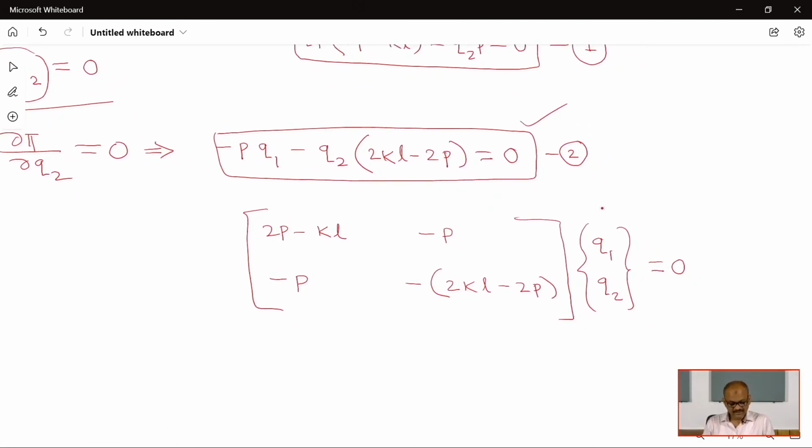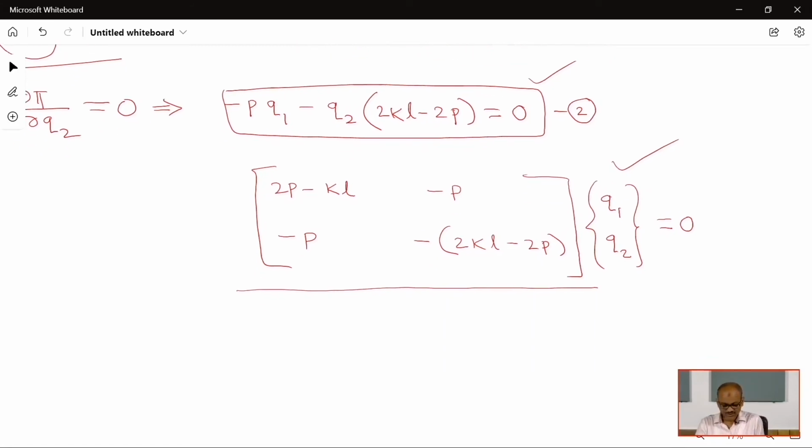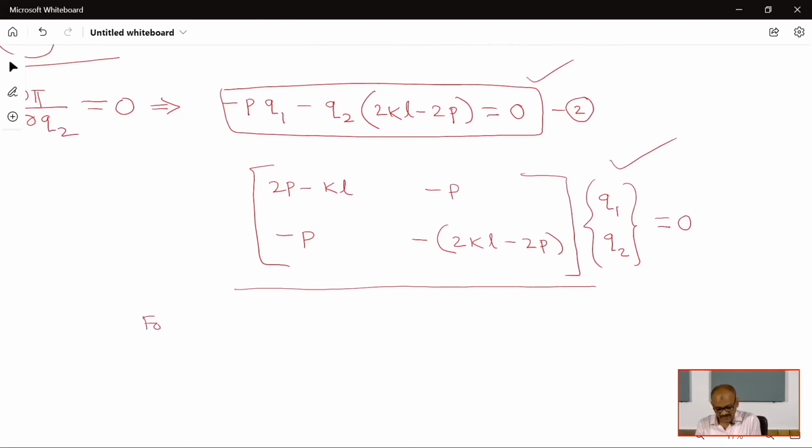This is an eigenvalue problem. If Q1 and Q2 become 0, this is the trivial solution. For a non-trivial solution, the coefficient matrix determinant must be 0.